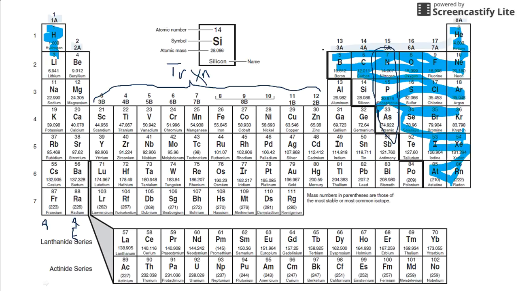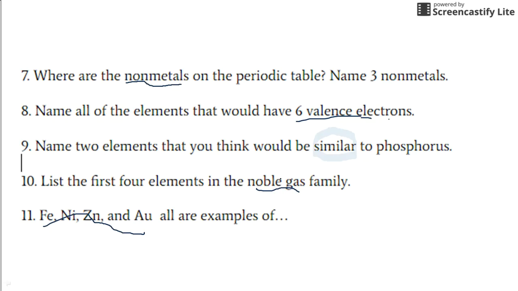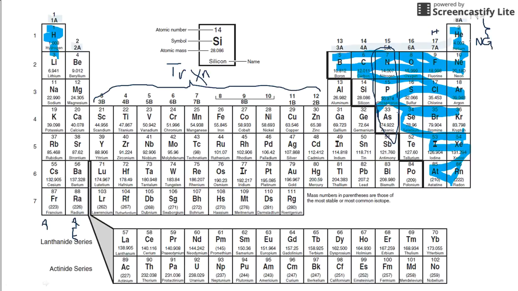These don't really have names. Starting at group 17 again, we've got the halogens. And then the last one over here are the noble gases. That looks terrible. But anyway, that was supposed to be an NG for noble gases. That's better. The first four elements in the noble gas family then, that's going to be helium, neon, argon, krypton.